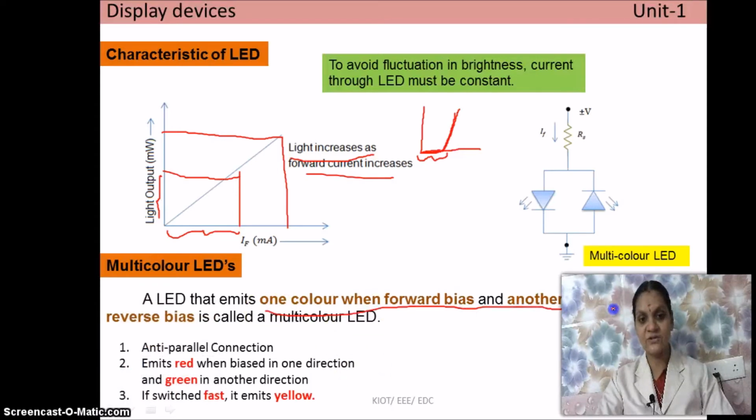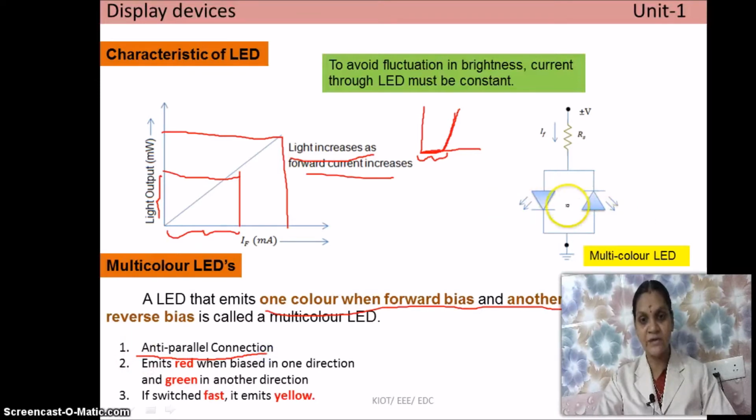Actually this forward biasing and reverse biasing, we are not going to do it externally, but this is done during the manufacturing process itself. Got it? So while we are using a multicolor LED, we are going to feed only positive supply. But internally, the diodes are connected in an anti-parallel connection. So anti-parallel means reverse connection.